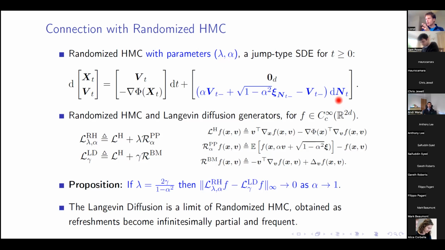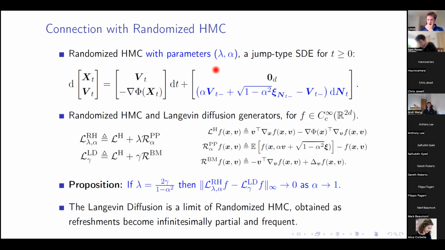So basically what it does is that it follows perfect Hamiltonian dynamics, and at some points that are driven by this Poisson process with intensity lambda, it will perform some discrete refreshment. And we can choose to get some partial refreshments by using this persistence parameter alpha that we already know. Okay, so it's the same parameter alpha.